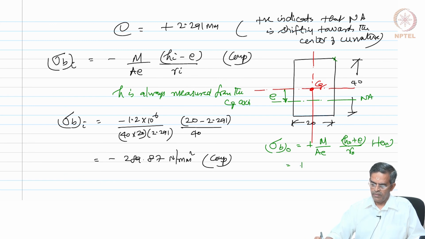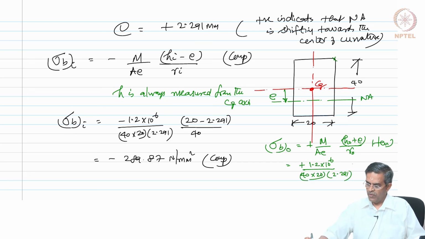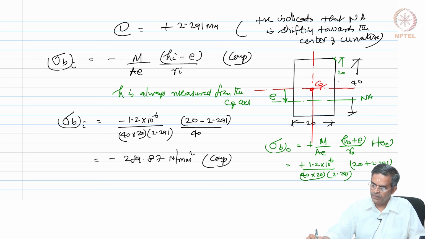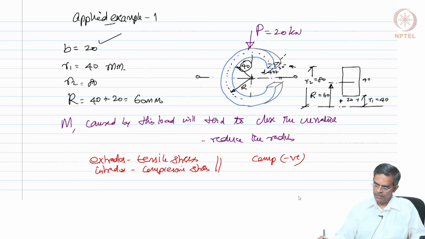So, I should say plus 1.2 10 power 6 by 40 into 20 into 2.291 of 20 plus 2.291, because you know this is 20, divided by 80, that is r o, we already have it here.